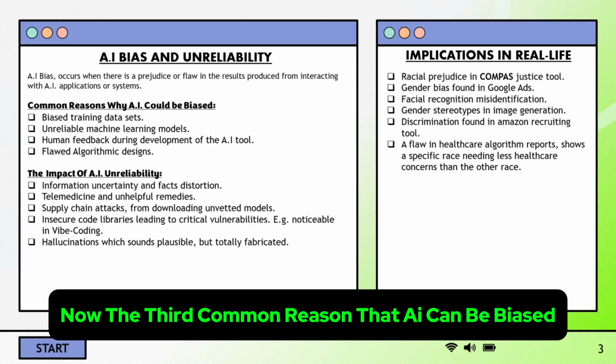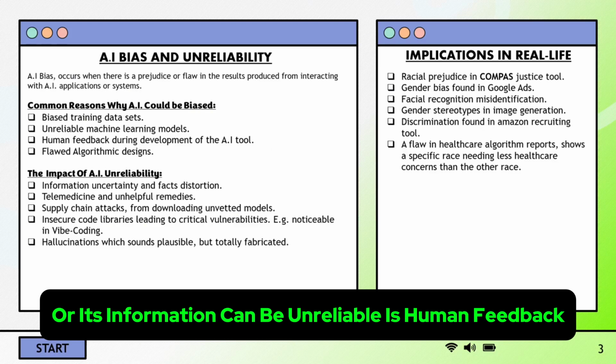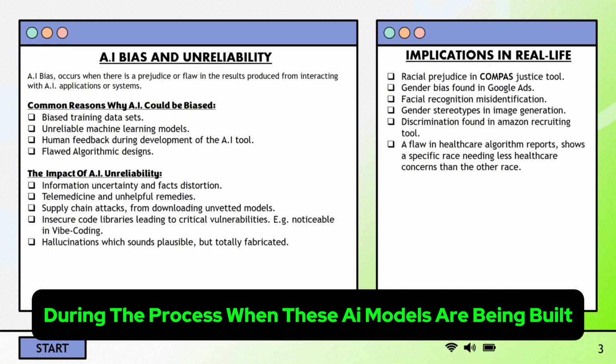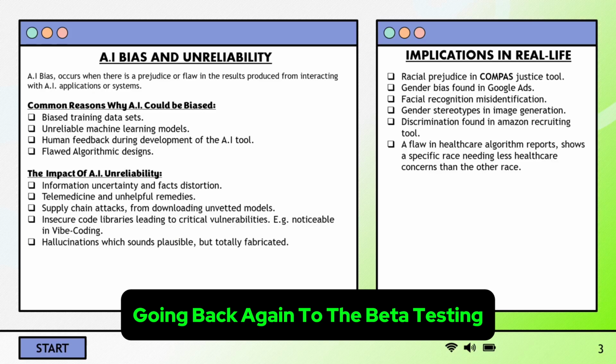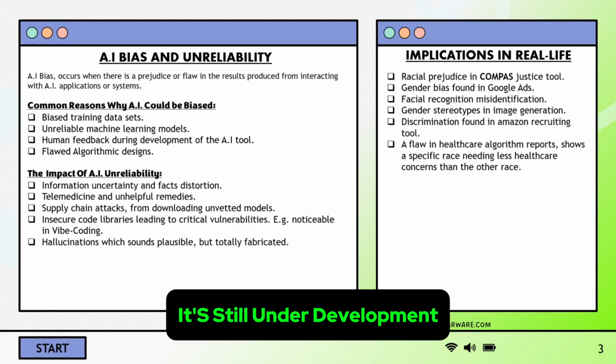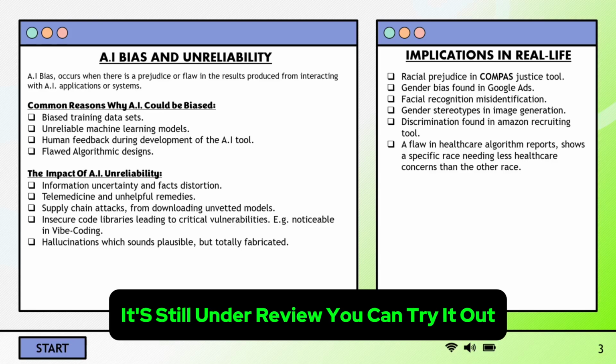Now, the third common reason that AI can be biased or its information can be unreliable is human feedback during development of the AI tool. For example, during the process when these AI models are being built, going back again to the beta testing, where you will see that it's still under development, it's still under review, you can try it out.